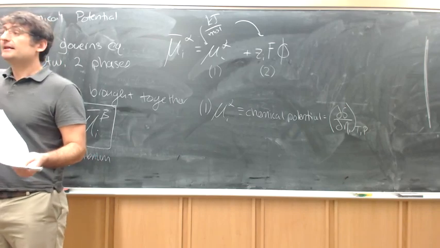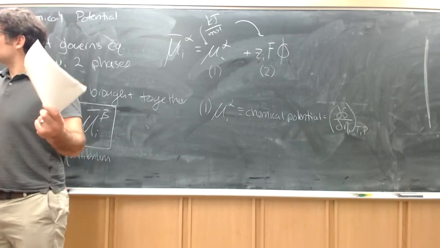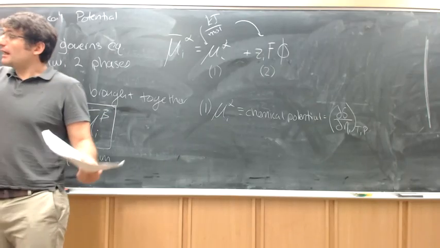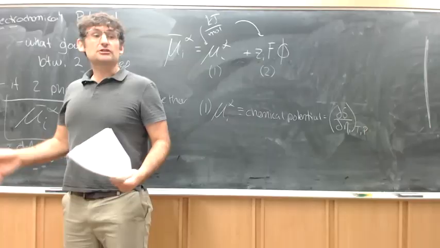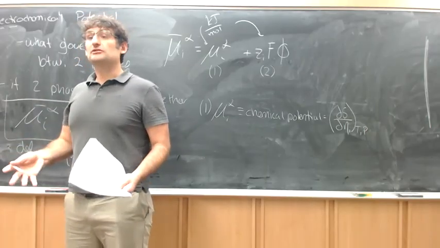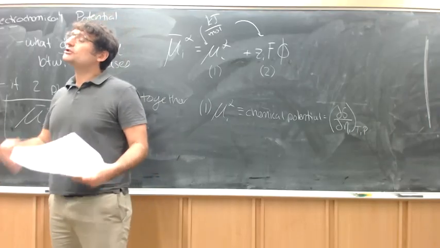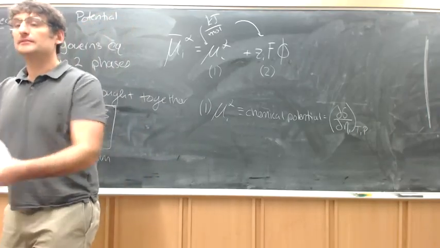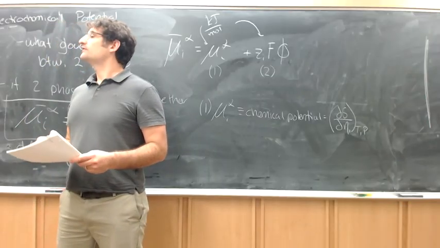Getting rid of silver has some free energy change associated with it, and making silver plus has some free energy change associated with it. Those free energy changes are represented by the chemical potential of silver and the chemical potential of silver plus. So it's how much you change the energy of the system by adding a little bit more of something or taking a little bit away, per mole.